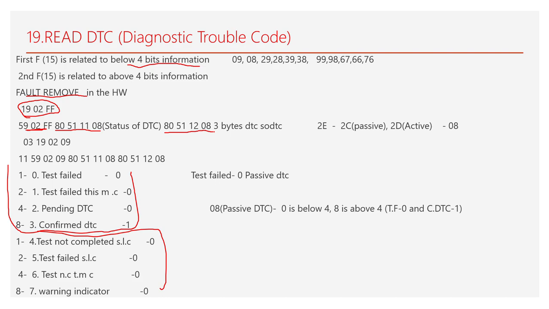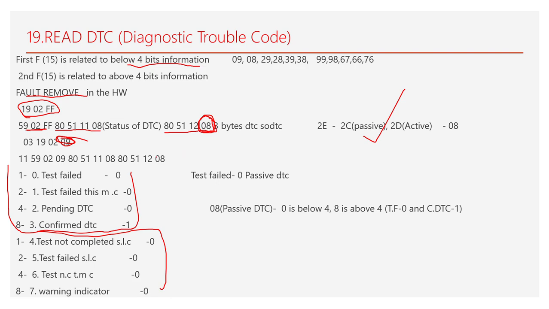So I am getting 8 here. What does this 8 mean? If you get an 8 here, then it is a passive DTC, because 8 is passive information. If you get 9, an odd number, then it is an active DTC.